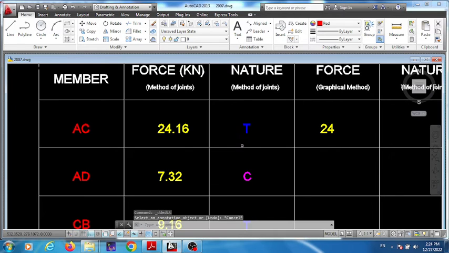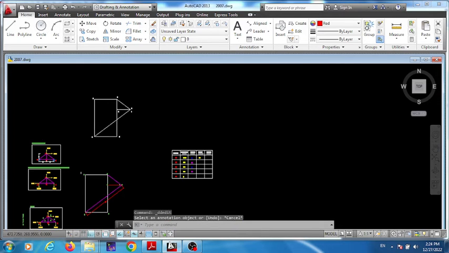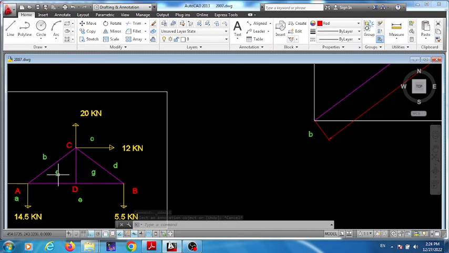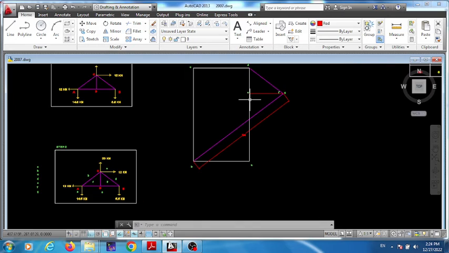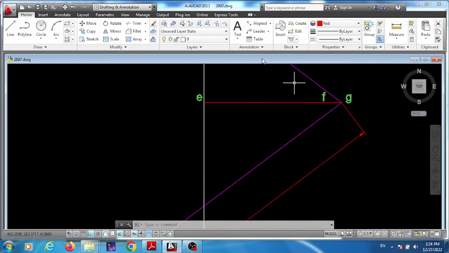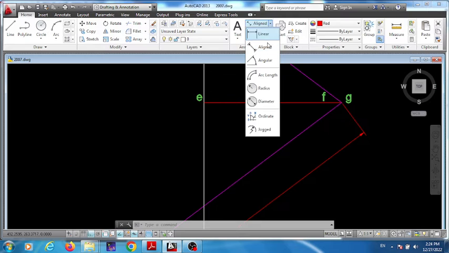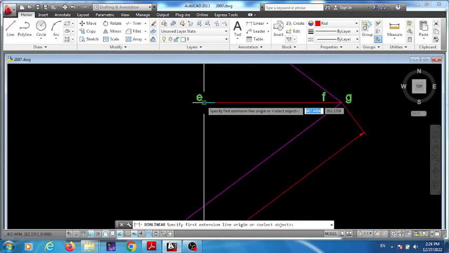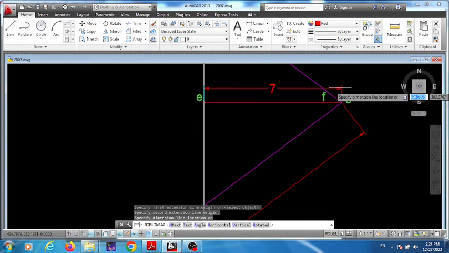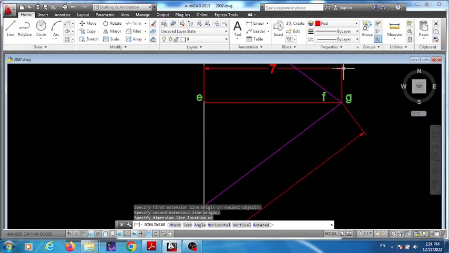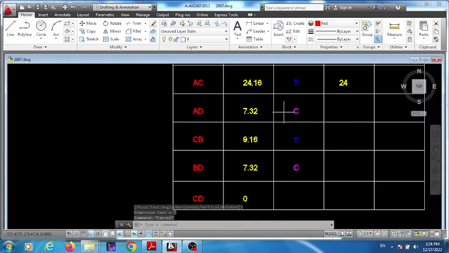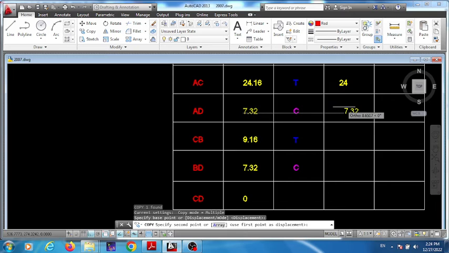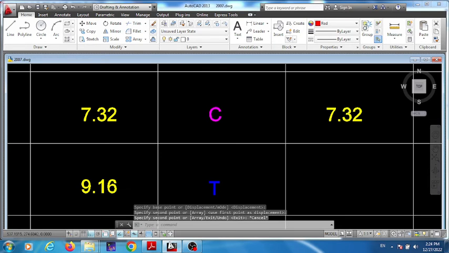Similarly, I will show you AD. Member AD is in between E and F. So measure the distance between E and F. Measure it, and this is 7. Now here you can see it is 7.32 and it is 7.